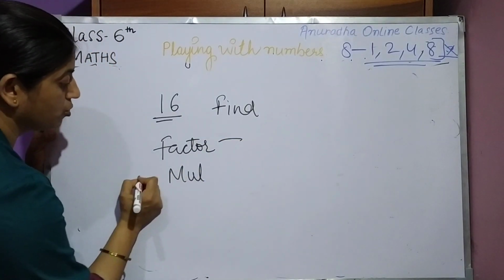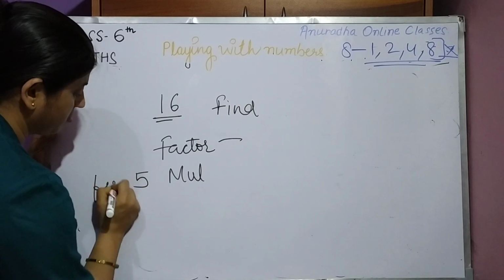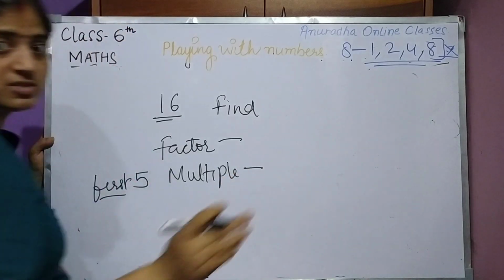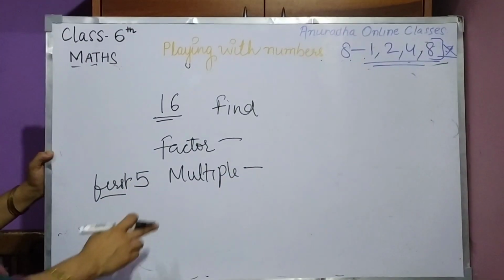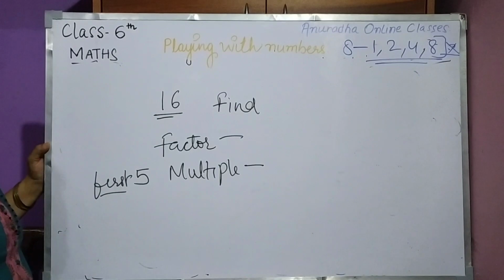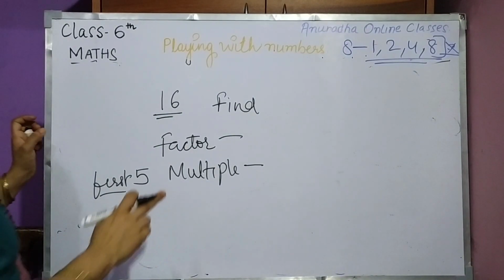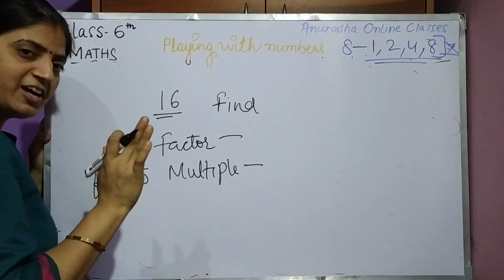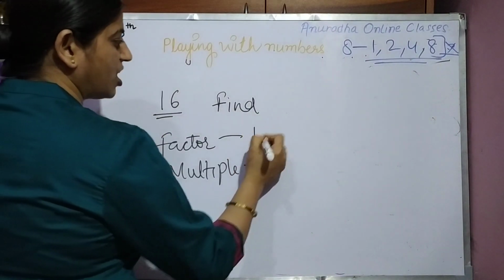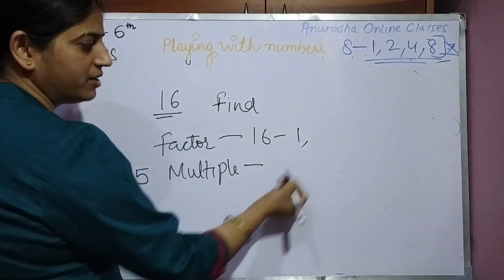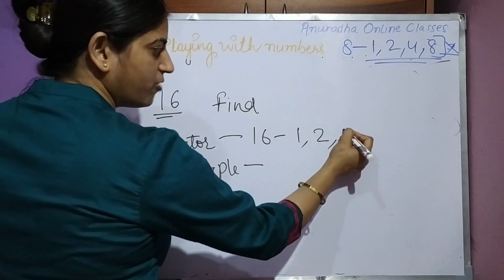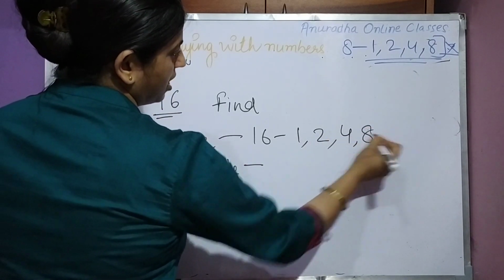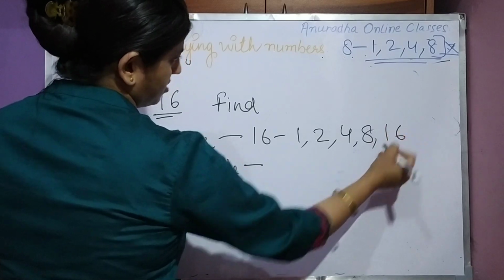I asked you to find the first 5 multiples. Factors are finite. Factors of 16: 1, 2 की टेबल में आता है, then 3 नहीं, 4 4s are 16, 8 2s are 16, and 16.